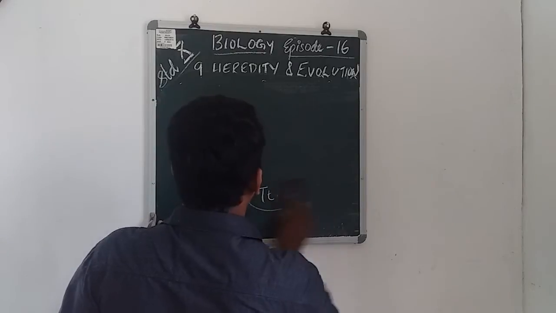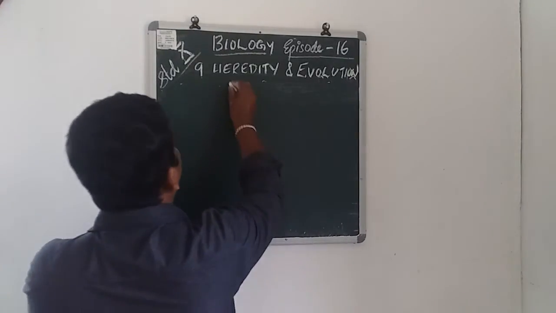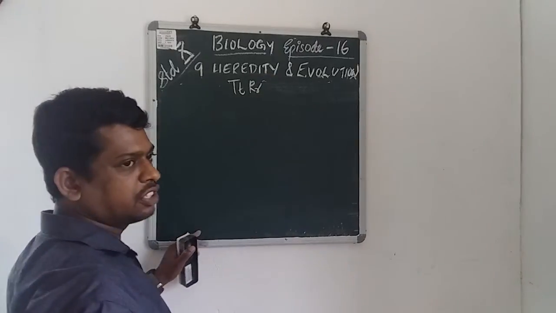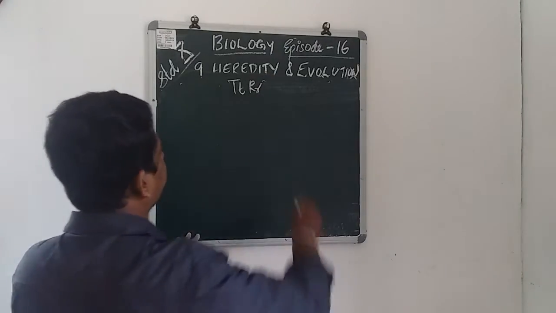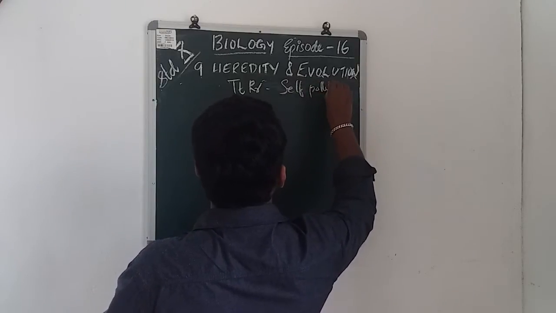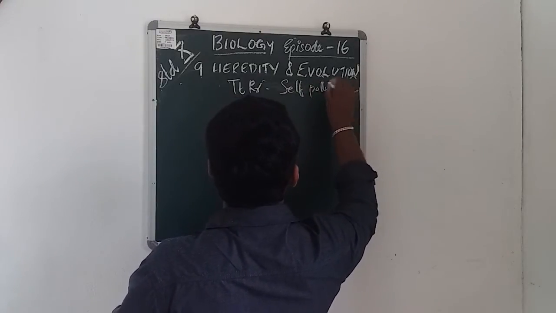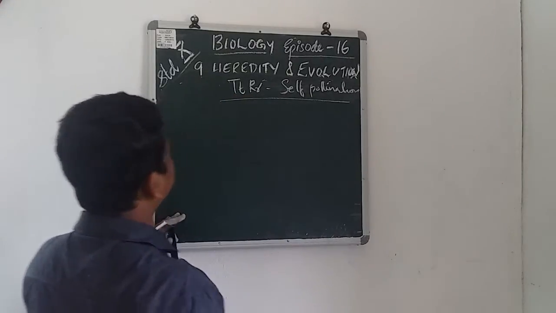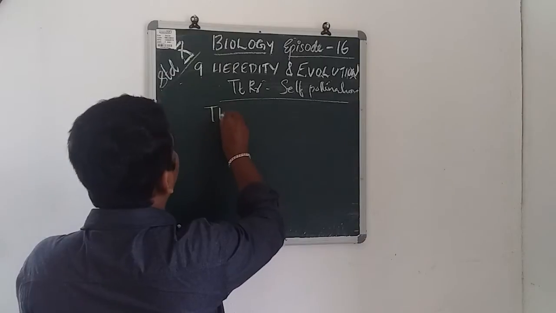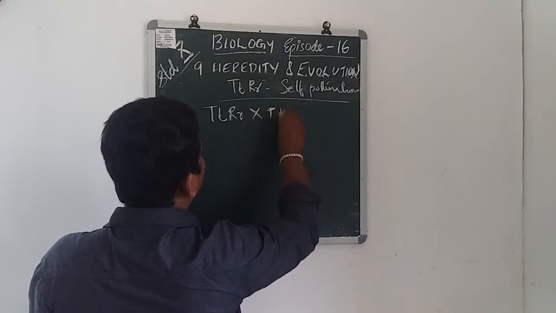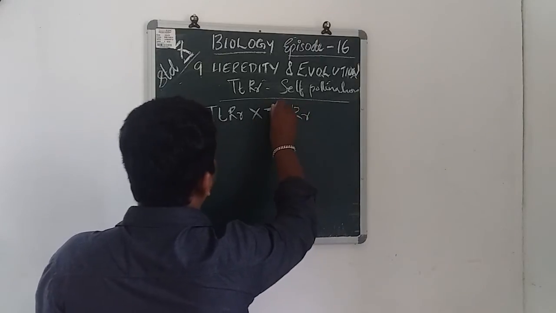And then the next stage, capital T, small t, capital R, small r undergoes self-pollination.